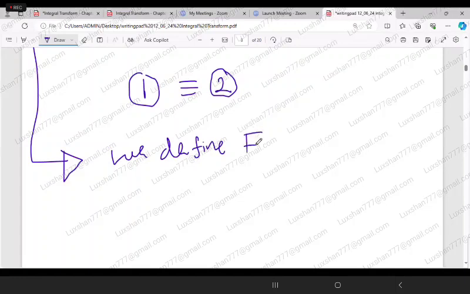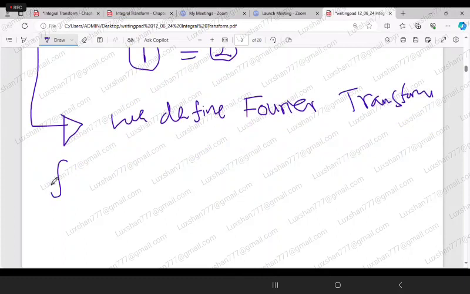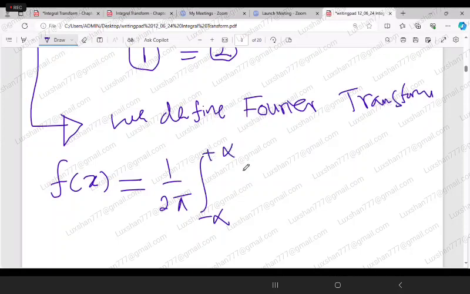How are we defining the Fourier transform? We have f(x) is equal to, from the Fourier complex integral, 1 over 2 pi, integration minus infinity to plus infinity, integration minus infinity to plus infinity.